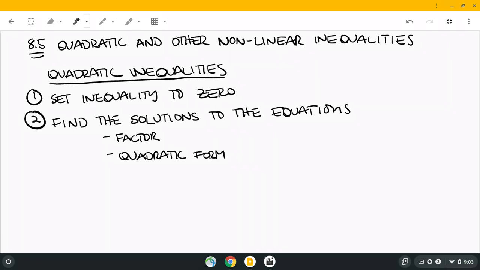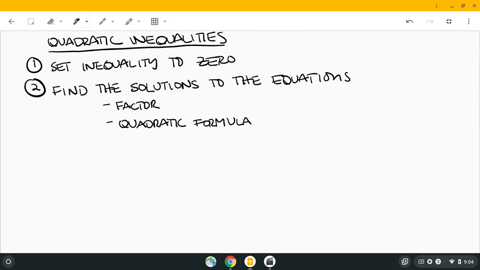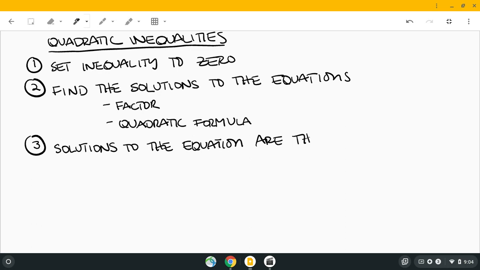And it's really interesting because students will stop on step 2 and think they're done, but this is not it. Step 3. The solutions to the equation are what we call critical numbers.